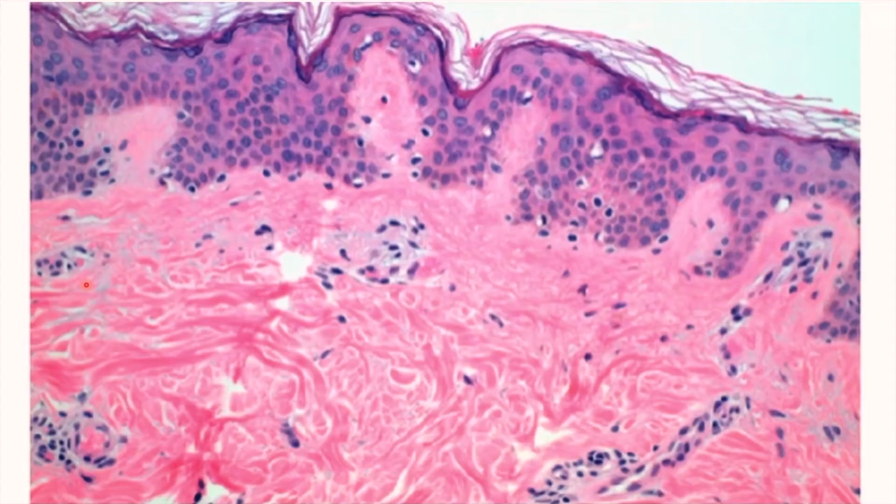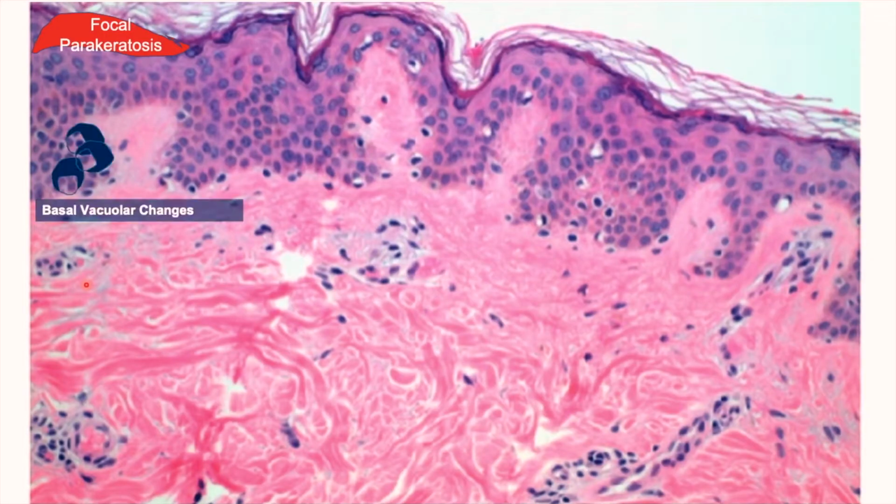So moving on, for the medication-related lichen planus lesions, I want you to think of those lesions as a stepwise pattern. We start with focal parakeratosis with some cells that have vacuolar changes at the base.